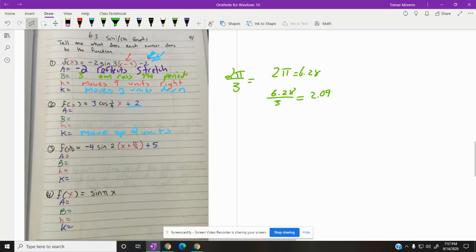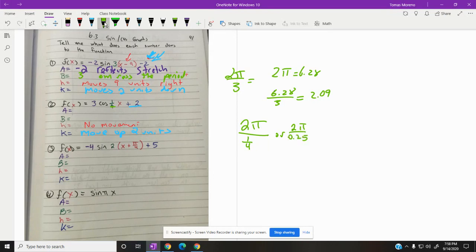So this H, do I have an H? I would put no movement, right? Sometimes you have that. What about the 1/4? This 1/4 for the B, right? What does that do? Again, I'm going to say 2 pi divided by 1/4, or I could say 2 pi divided by 0.25.